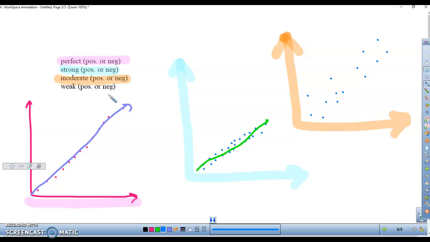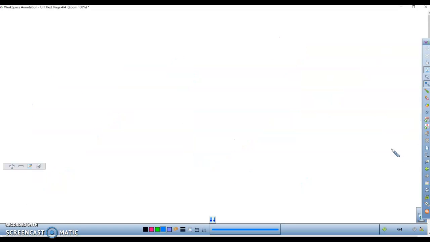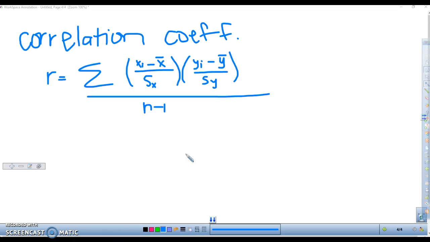Okay? And part of how we determine whether a correlation is perfect, strong, moderate, or weak is by looking at something called the correlation coefficient. So the correlation coefficient we call R, and it's given by the summation of all the stuff divided by n-1, which we call our degrees of freedom.